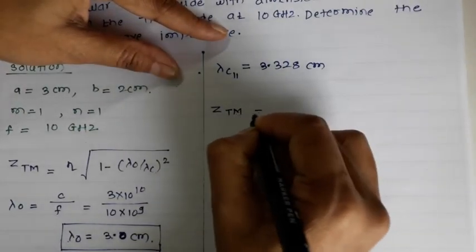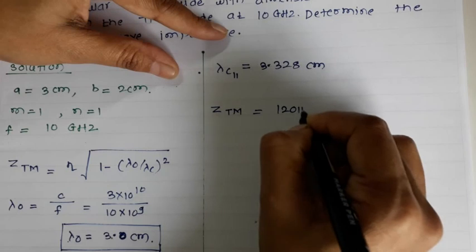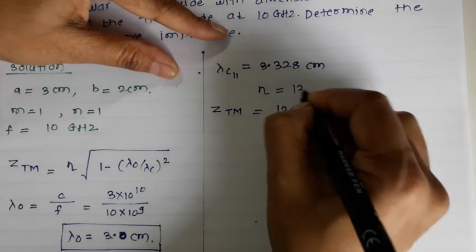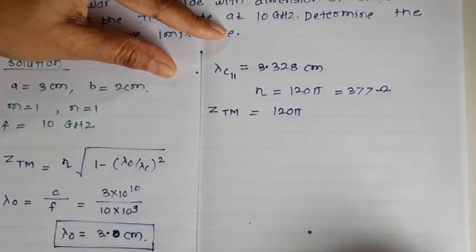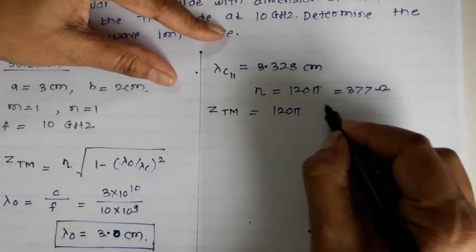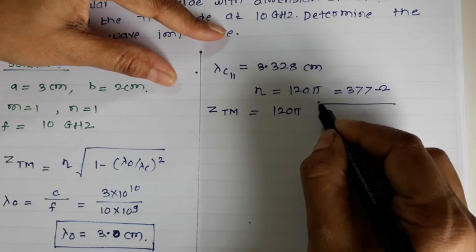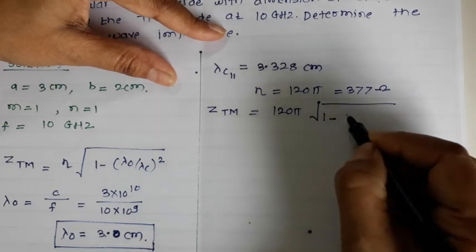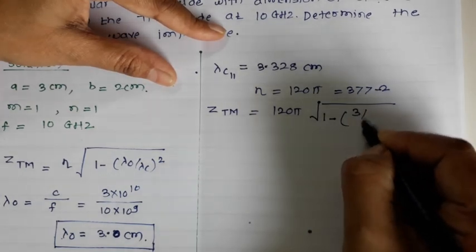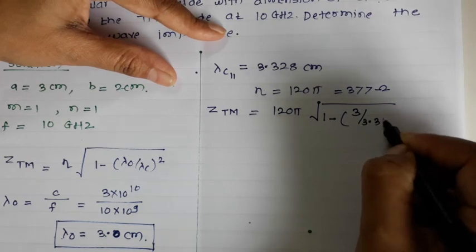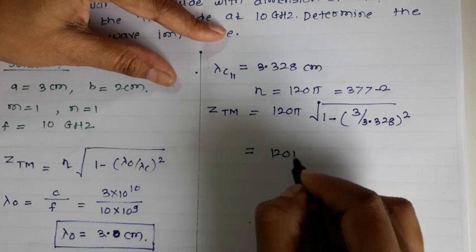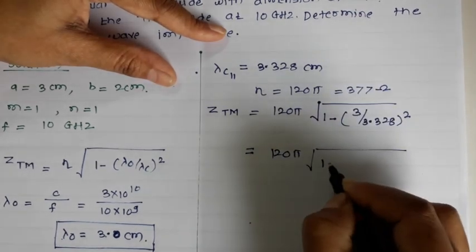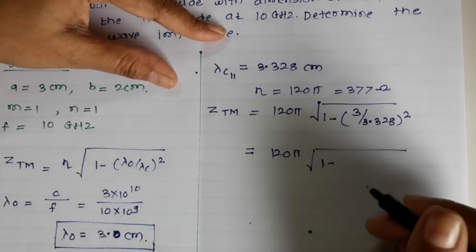Now we know the lambda 0, we know the lambda c. ZTM is equal to 120 pi. We know that the intrinsic impedance is 120 pi, otherwise 377 ohm. So I'll write 120 pi, in the square root 1 minus lambda 0 by lambda c whole square. Lambda 0 is 3, lambda c is 3.328.